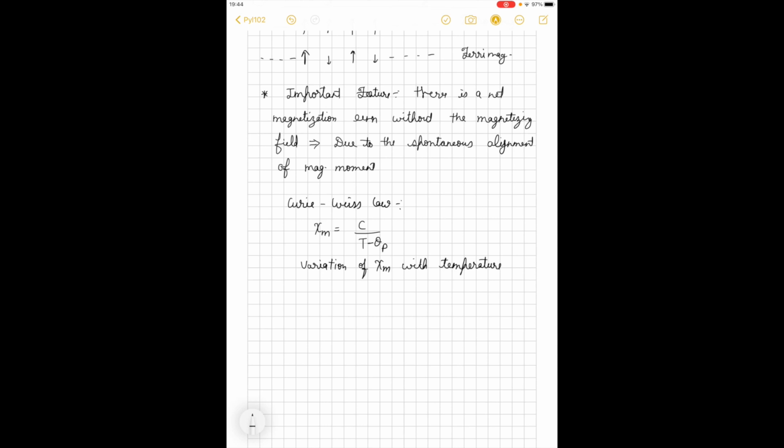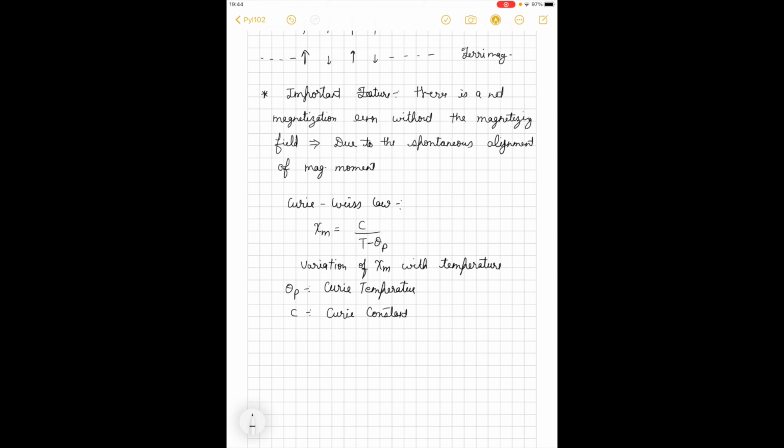Okay, and theta p is the Curie temperature, and C is the Curie constant. Okay, so exactly the same as the previous case.